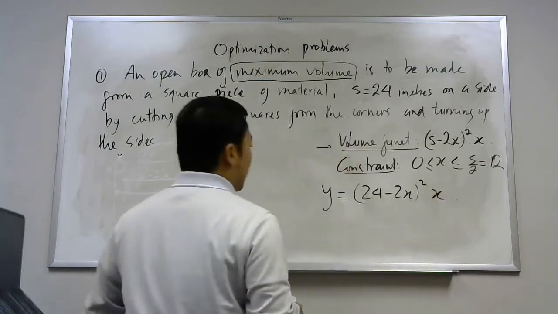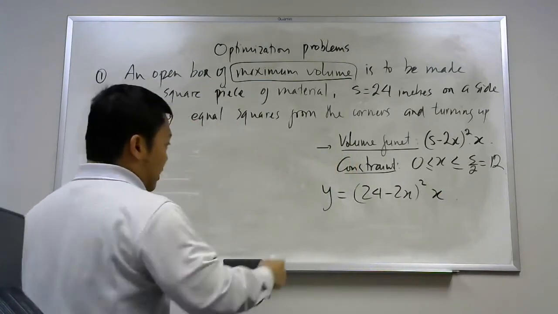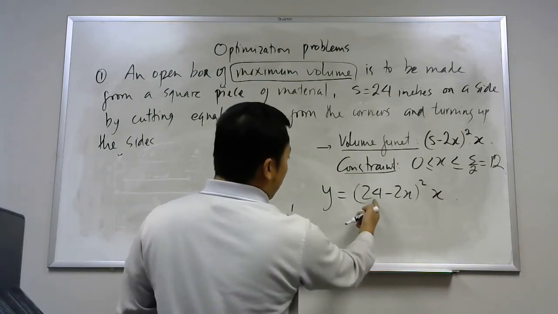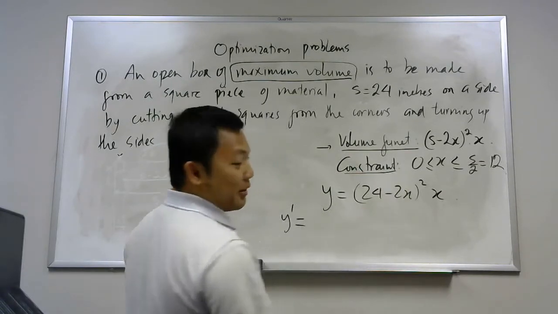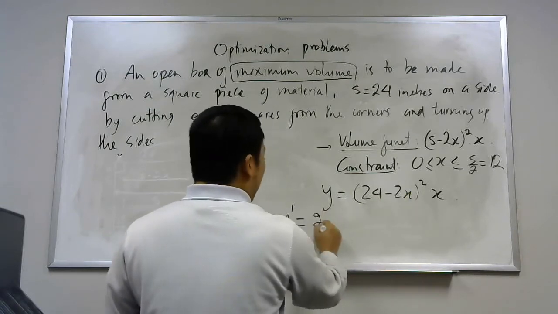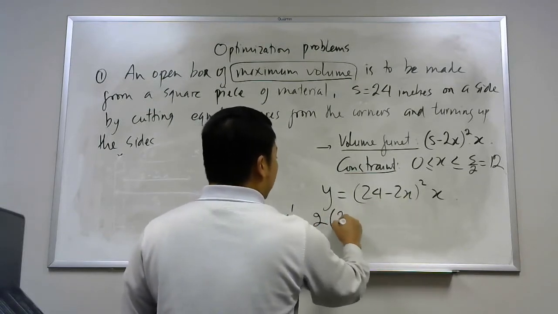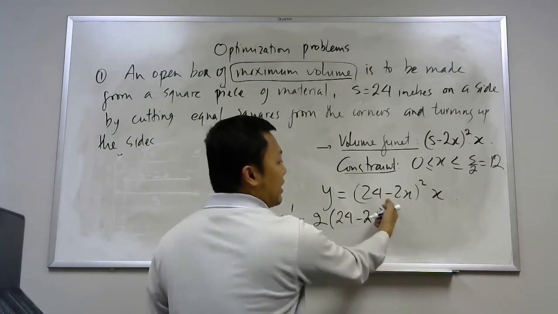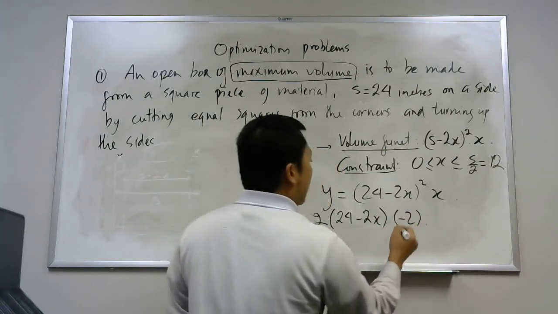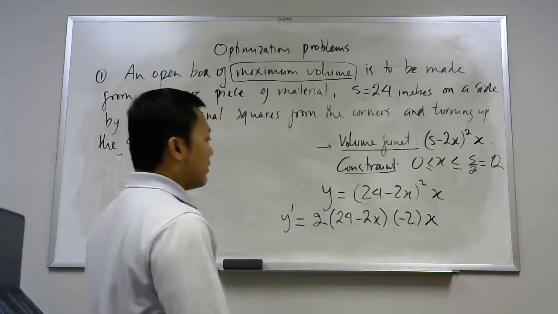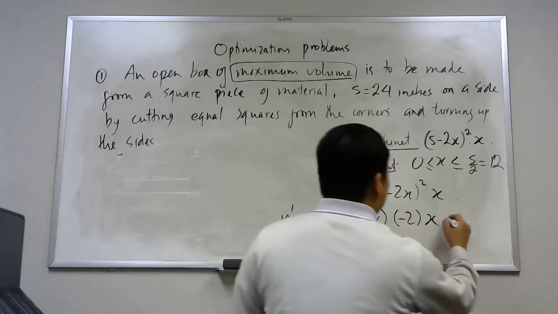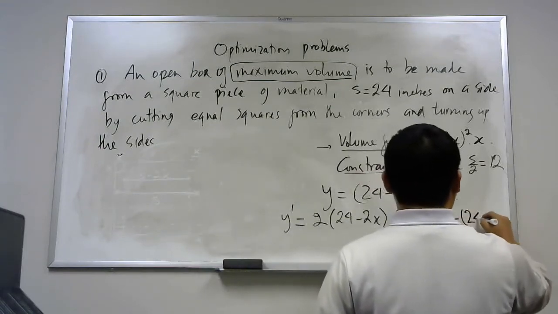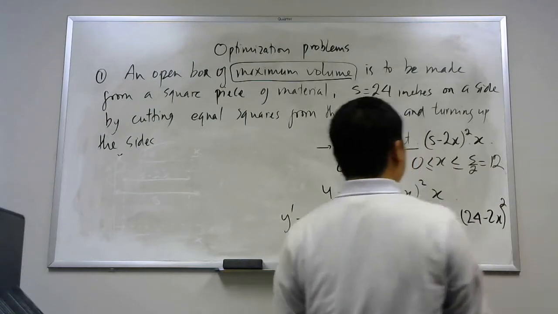Let's differentiate this function. When you differentiate this function, you get y prime equal to, I can use the chain rule, no problem. I bring the power down, and then I have 24 minus 2x, and then multiply by the derivative of the inside, which is -2, and then times x, that is the derivative of the first part, plus the derivative of x is just 1. So I have (24 minus 2x) squared.